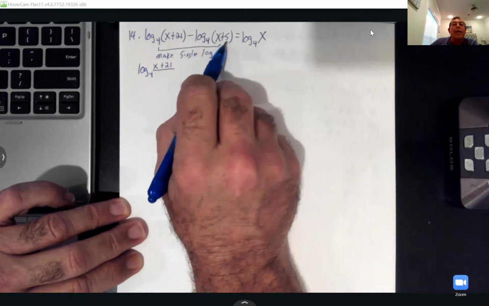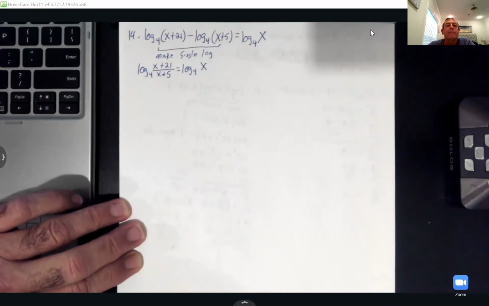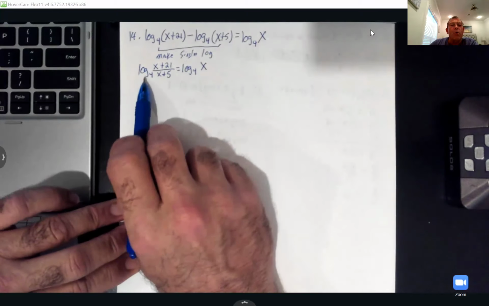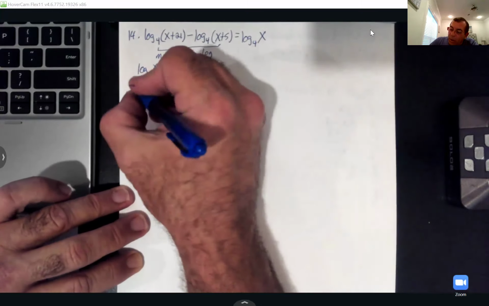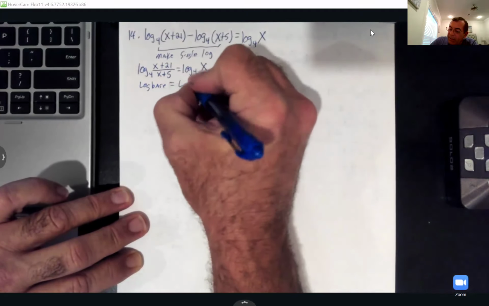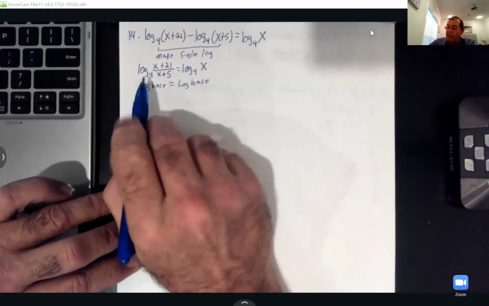That's going to equal a log base 4 of x. Oh, y'all look at this. I got a log base 4 equal to a log base 4. So I got a log base equal to a log base. So since these log base 4s matched, that means x plus 21 over x plus 5 is going to equal x on the right side.